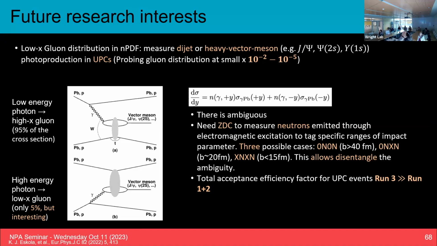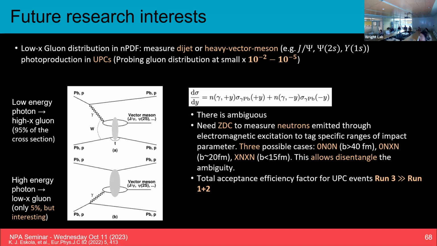I also saw people talk about how, when you do this measurement, you can have an ambiguity. When you have photon scattering off gluons, you can have either low energy photons scattering with high x gluons, and this is dominant, 95%.